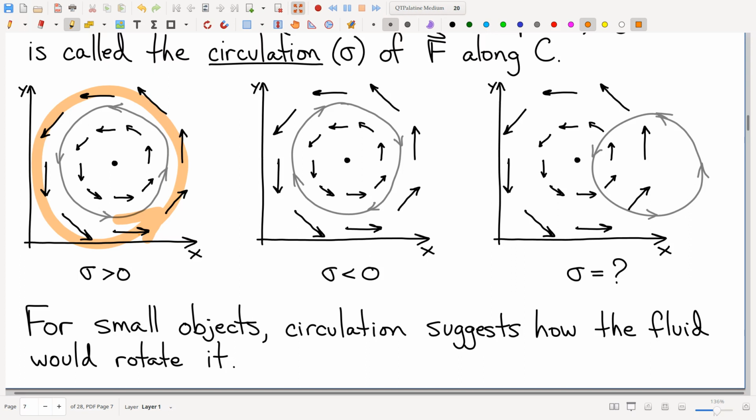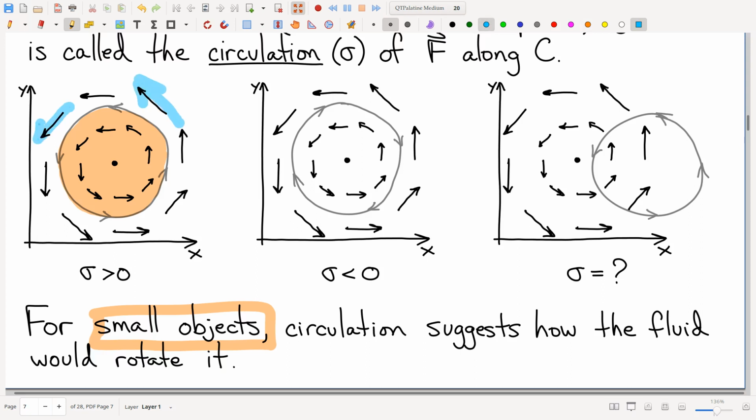But the idea is, if you have some small object, and for me, I like to imagine a leaf that has fallen off of a tree into a little river or creek or something like that. So here's my fall colors, dead leaf that has just fallen into the water.